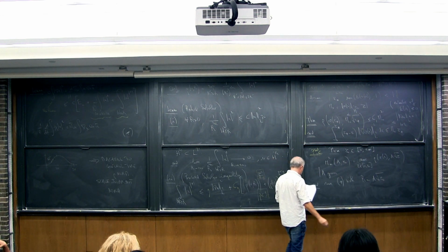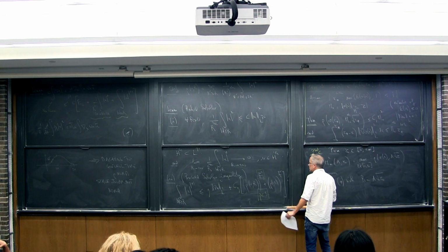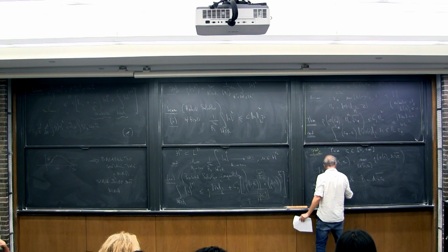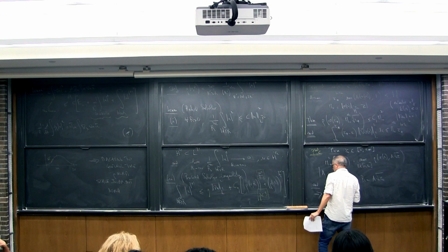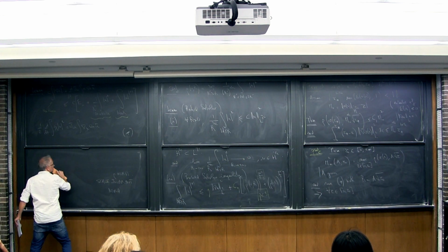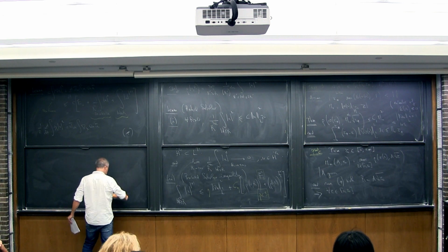Okay, and then once you have this, and then integrate, so you get a differential inequality which is true for all tau in 0 tau naught.